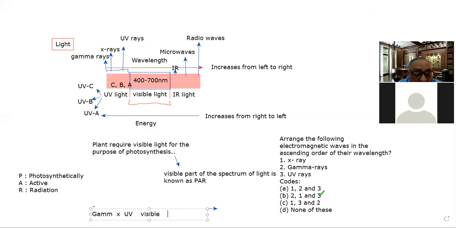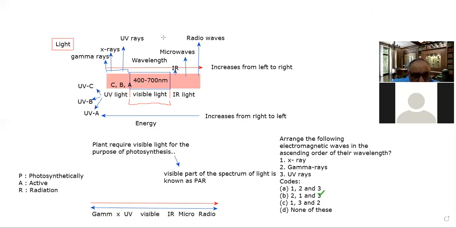After visible light, there are the infrared waves. After infrared waves, there are the microwaves. And after microwaves, there are the radio waves. So this is the order, the increasing wavelength order.